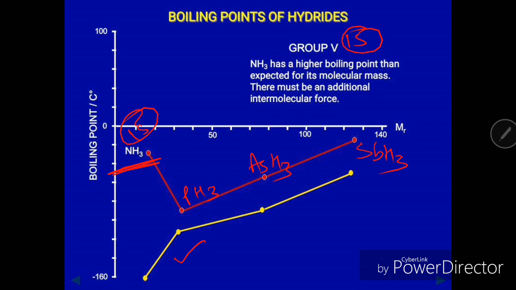Here dipole-dipole interactions are also working. And in NH3 dispersion forces no doubt are less, but hydrogen bonds are present which are very strong, and therefore the boiling point of the ammonia molecule will be very high as compared to PH3.